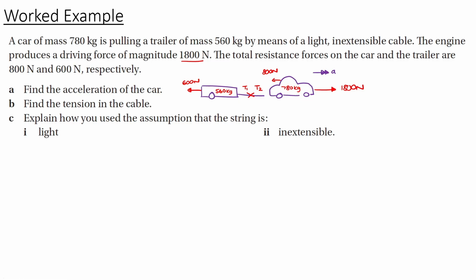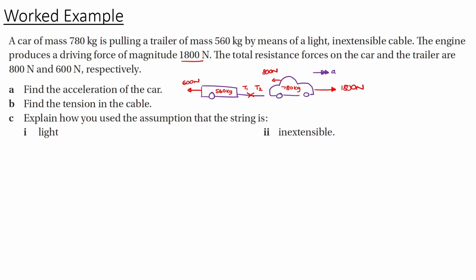Now the question is asking me to find the acceleration of the car. Now a big question is, do I treat this separately or do I treat this collectively? So do I treat this as a car by itself just going towards the right, or do I treat it as just the trailer moving in that direction, or do I look at it as a car pulling a trailer?